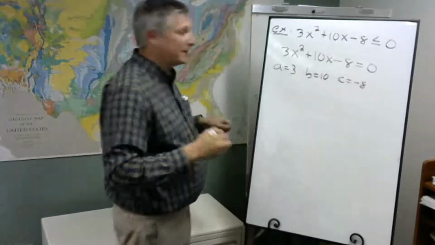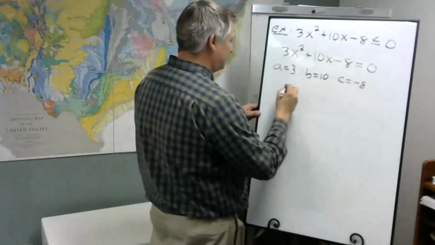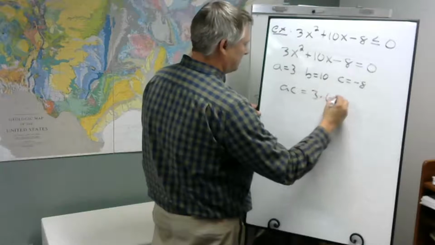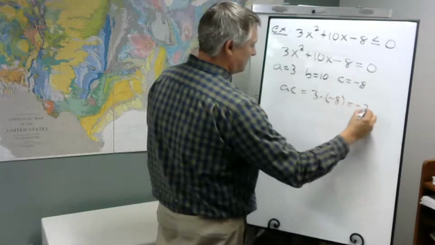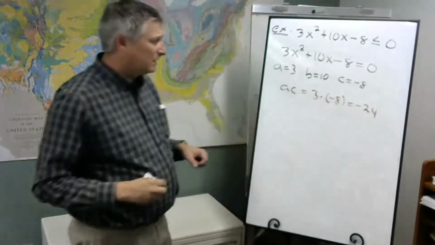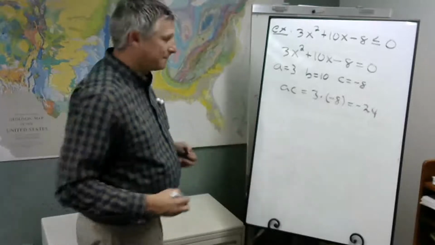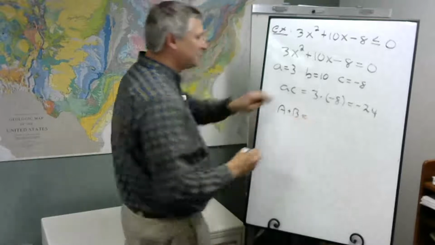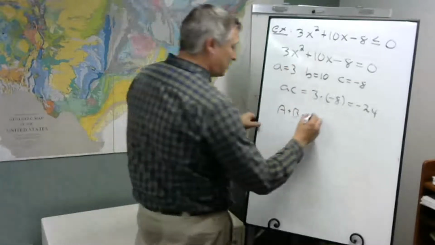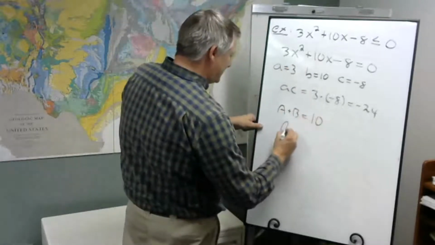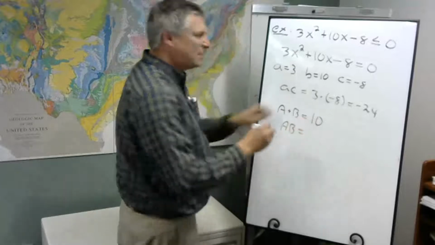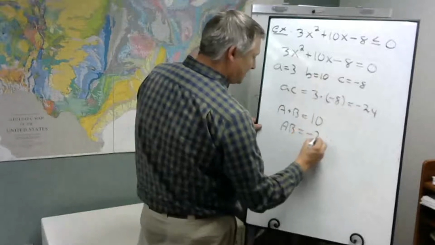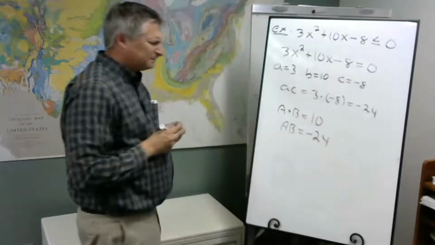So the AC method starts out like this. We multiply A times C, and we get negative 24. And then now we do the guess and check. We need A plus B, again, to add up to that middle term, coefficient, but they need to multiply not to the constant term, but to A times C, that number, negative 24.